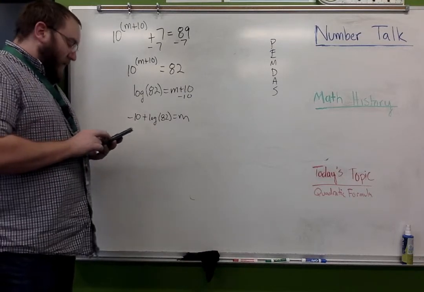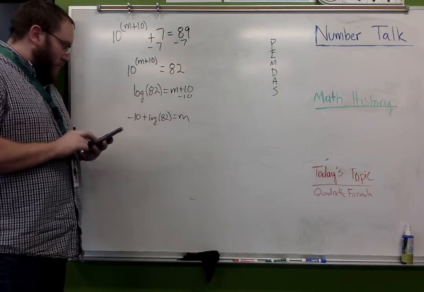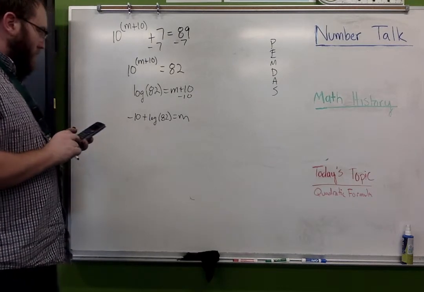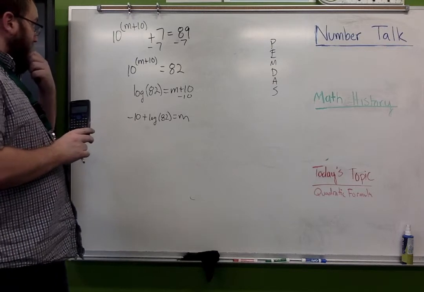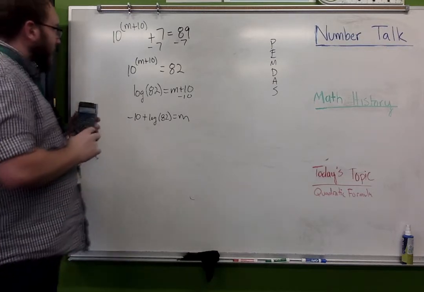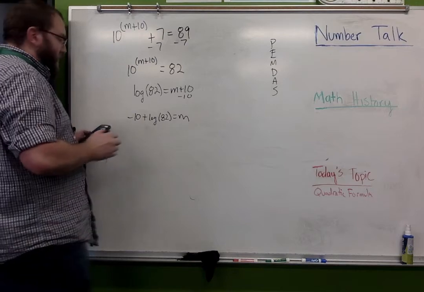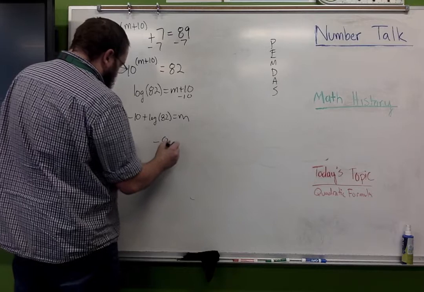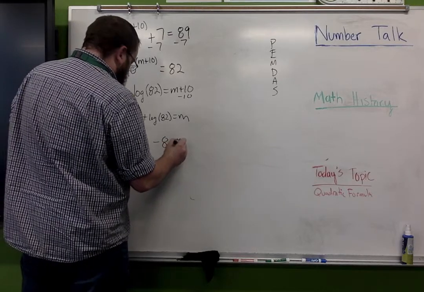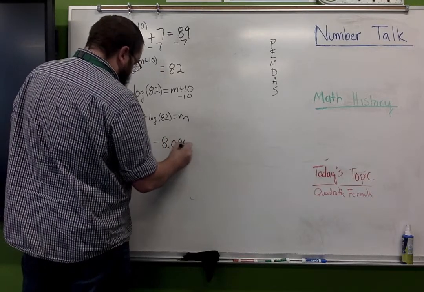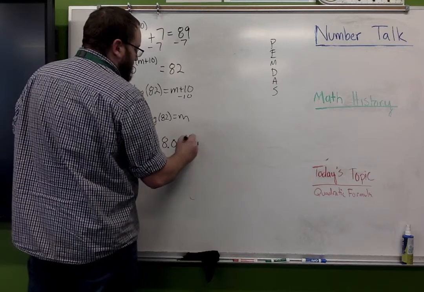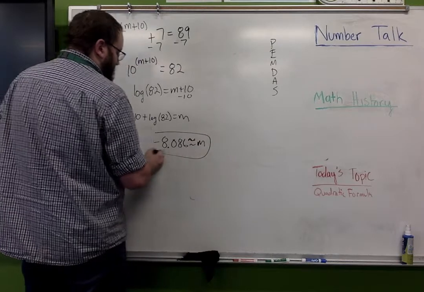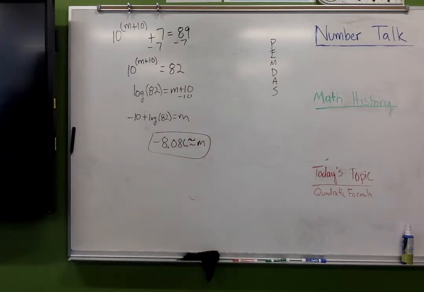We have common log of 82 minus 10. Is that right? Yes, that's right. So negative 8.086 is approximately m, to 3 decimal places.